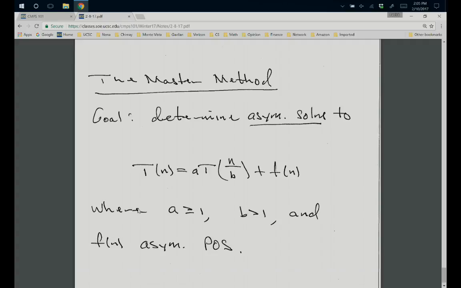So let's just say at this point the regularity condition is satisfied, because such a c exists. By case 3, T of n is theta of the winner. The winner is f of n in case 3, and that's n squared. Okay, so we've done exactly one example from each case.